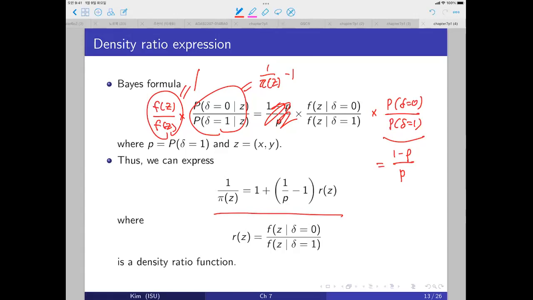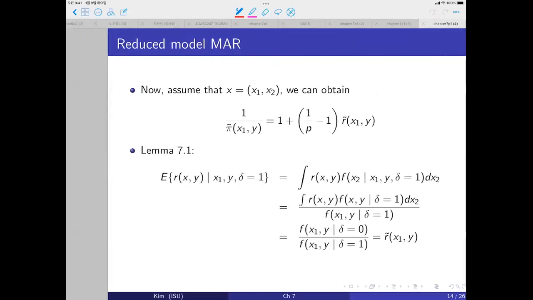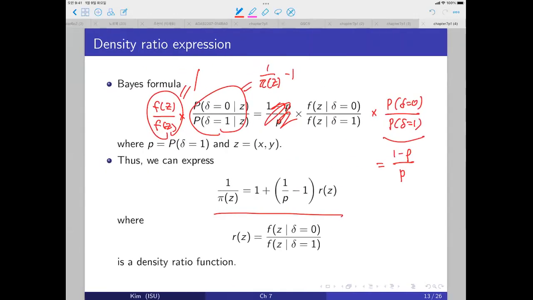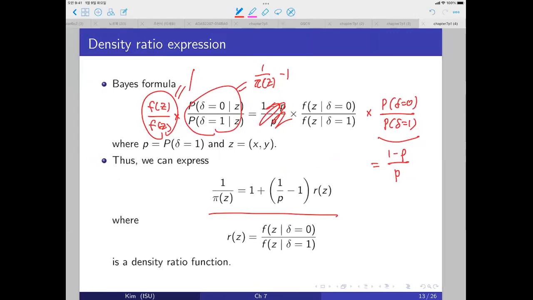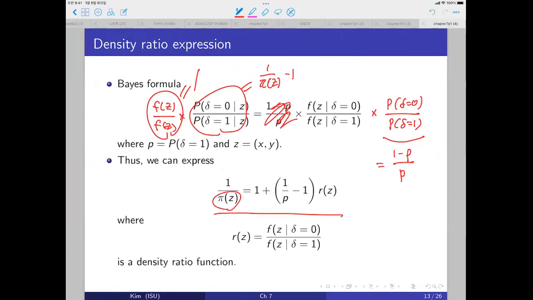And now, basically, this property is a property of delta equal to 1 given z. But z can be anything, right?